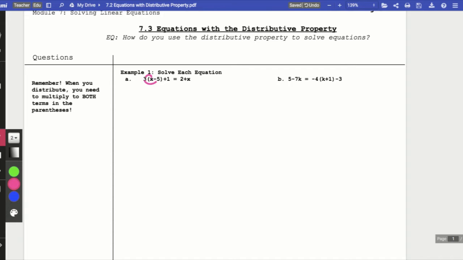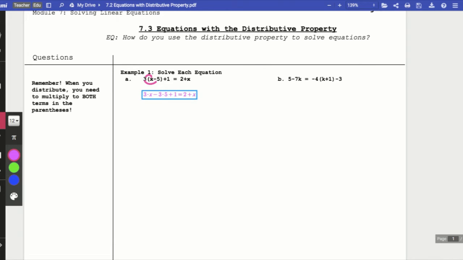Doing my math rainbows, multiply 3 to x, 3 to negative 5. Let's see what we come up with. For this first one, I'm going to write out every step. When I multiply 3 in, I get 3 times x minus 3 times 5, and again it's minus because there's a minus sign right there, plus 1 equals 2 plus x.